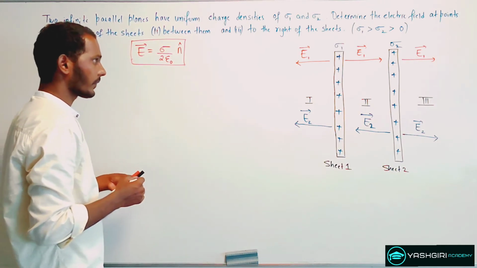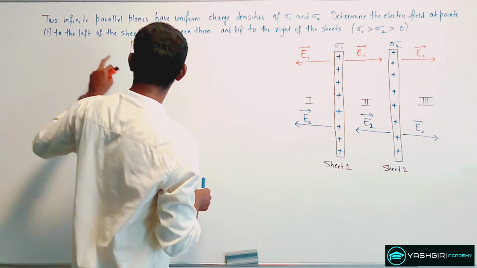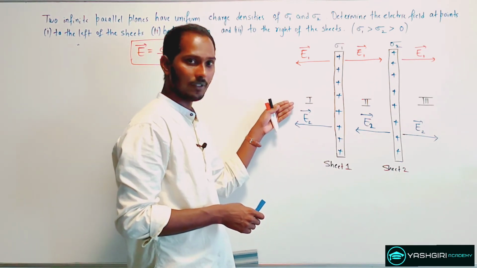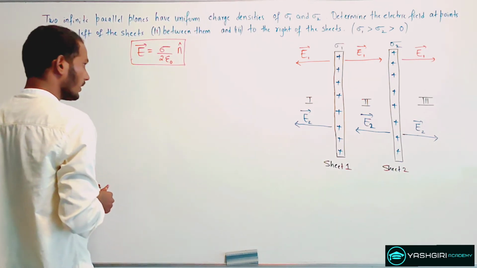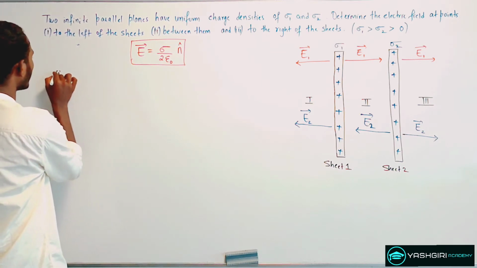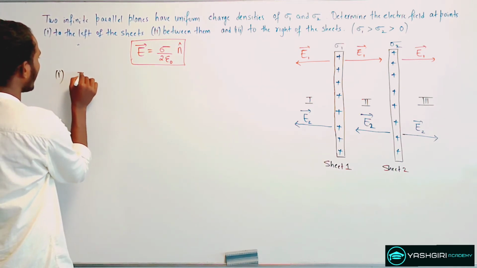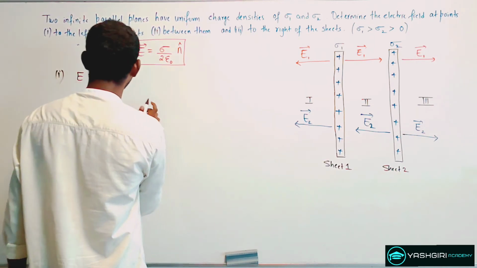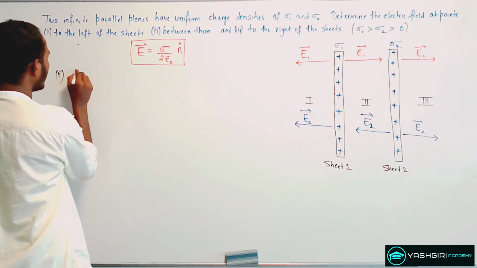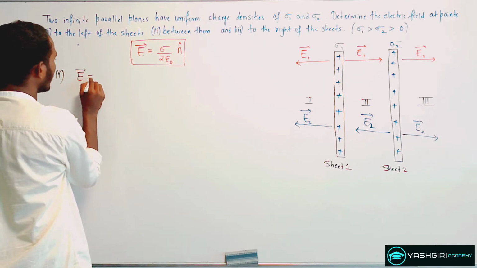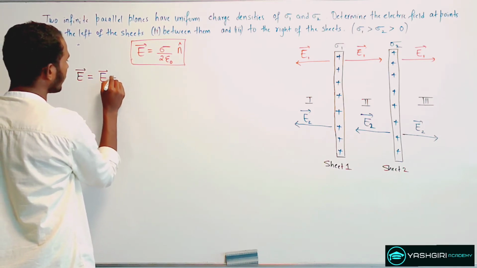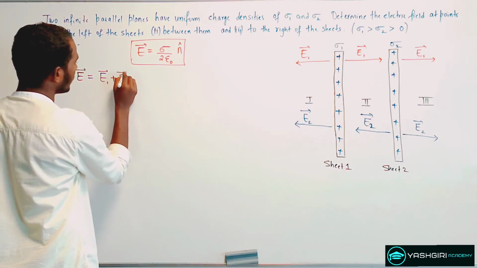So let's go for the first case. In region 1, if you want to know the net electric field, I can apply the superposition principle to calculate it. So I'll be getting vector E is equal to vector E1 plus vector E2.